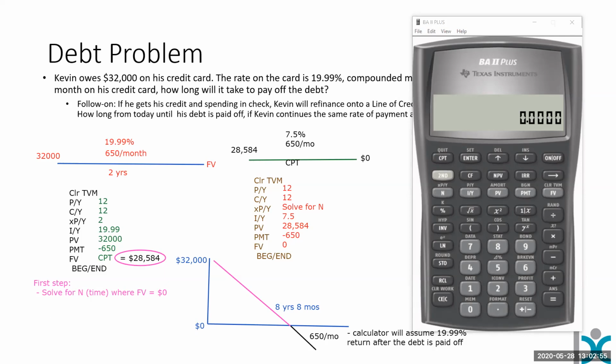I think you're framing something I said a little bit differently. Okay. No, even if this was the credit card, let's say that the scenario here was different, Melanie, that Kevin is now paying $850 a month on his credit card. He could do $650 for 2 years and then $850. I would still start the same way. The 28,584 is still a positive here. It's still already money that he got. It's money that he put into his pocket.